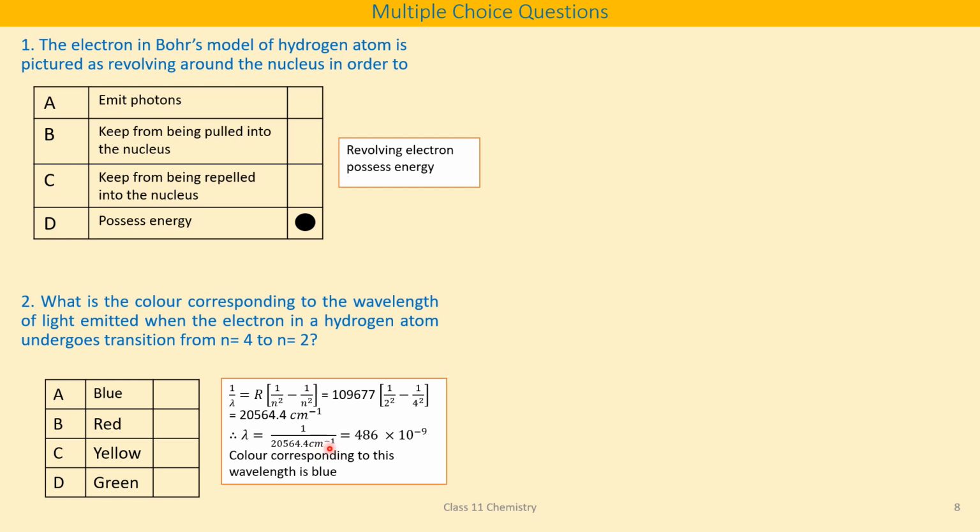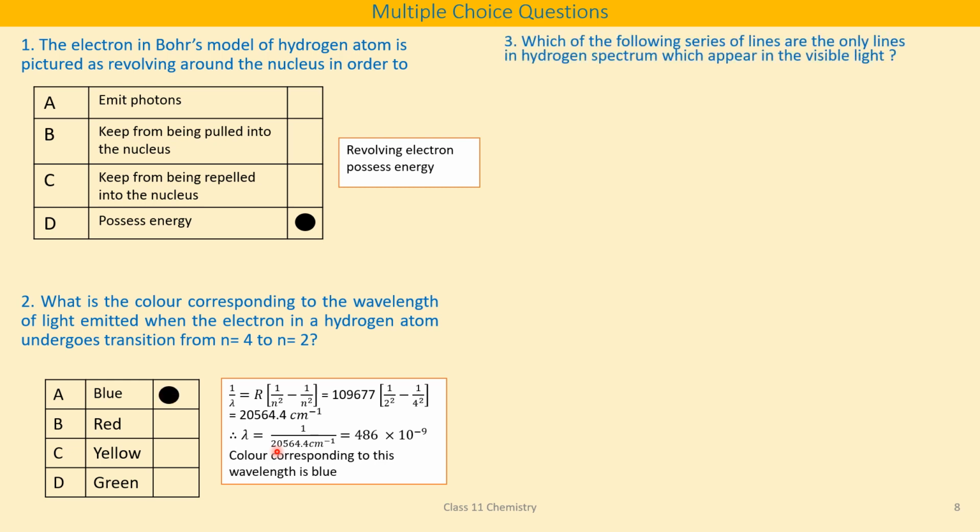So the value comes to 486 into 10 to the power of minus 9. The color corresponding to this wavelength is blue. Hence, please mark option A, which is correct.